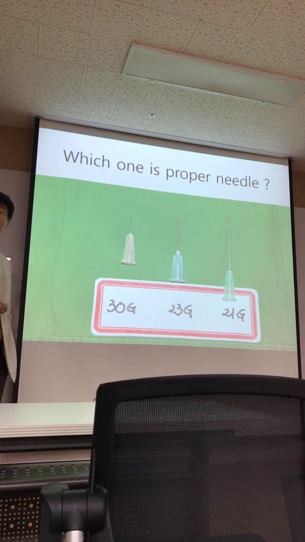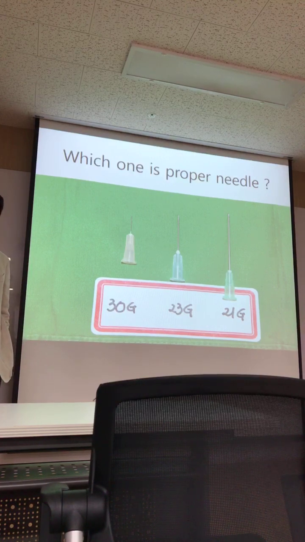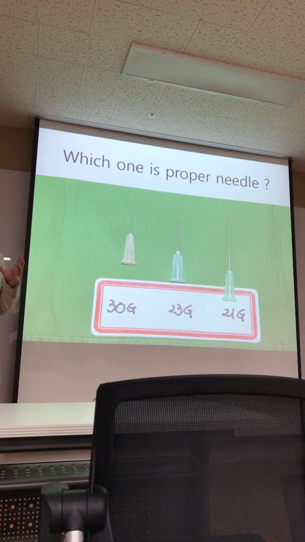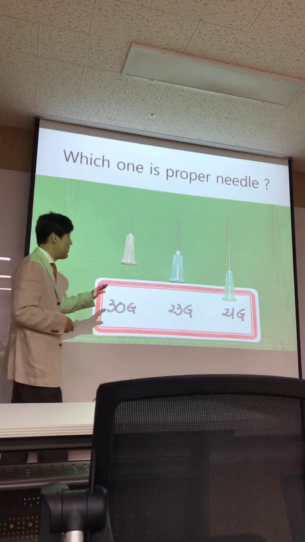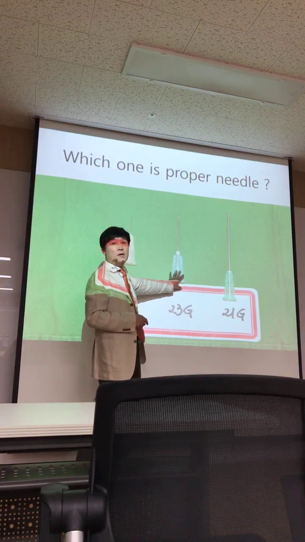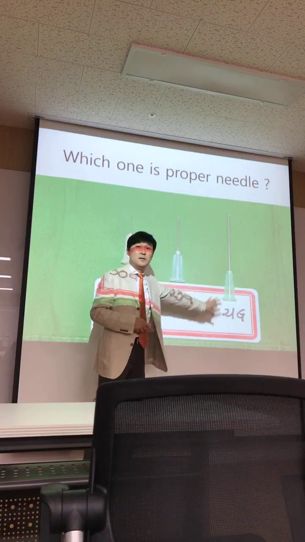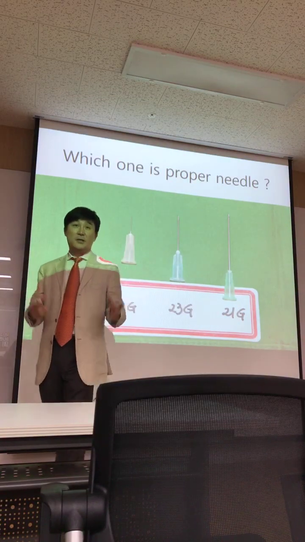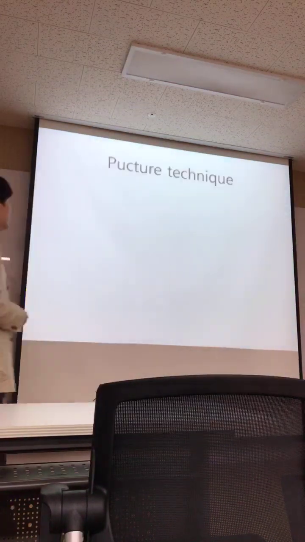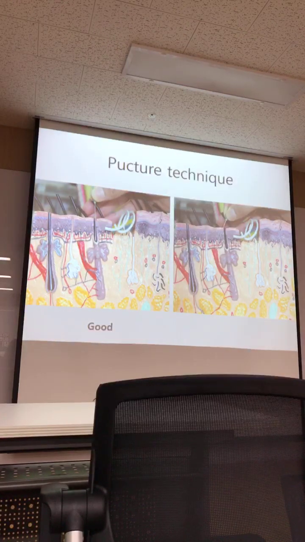Maybe 30 gauge is less painful, but it is not enough to make a wide opening. So I strongly recommend a 23 or 21 gauge needle, which makes enough of an opening. The reason for wearing the magnifying loupe is to see the hair direction.